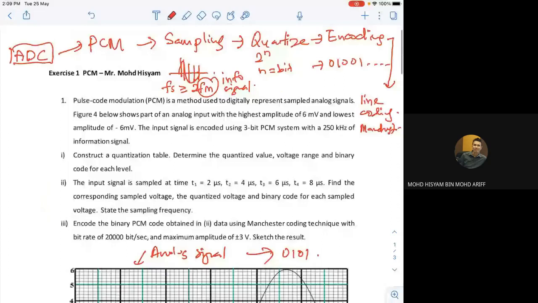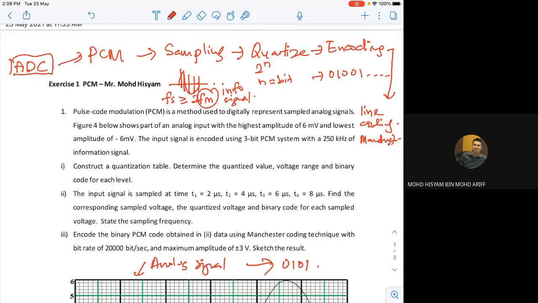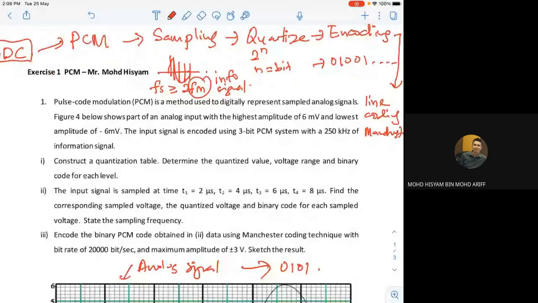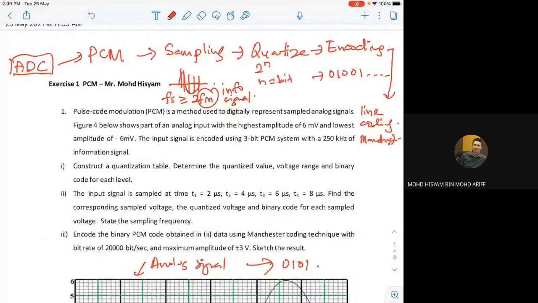So the first question: PCM is the method used to digitally represent a sampled analog signal. See the first information. From this question, the highest amplitude is 6 millivolt, and the lowest amplitude is negative 6 millivolt. This is the first info you must know.